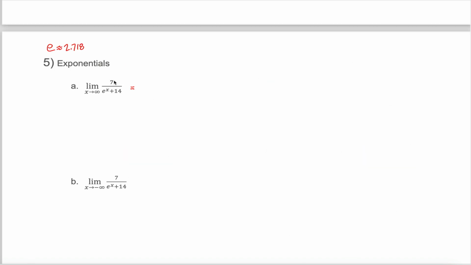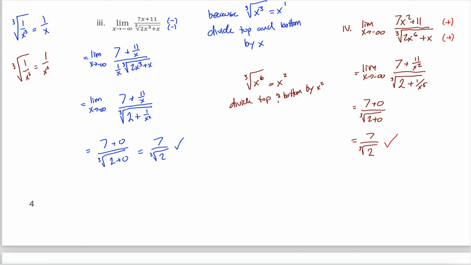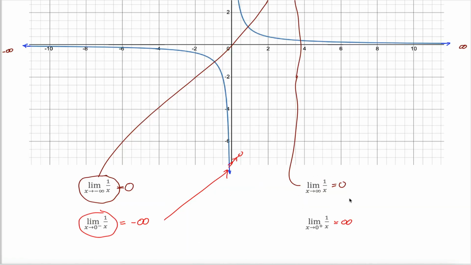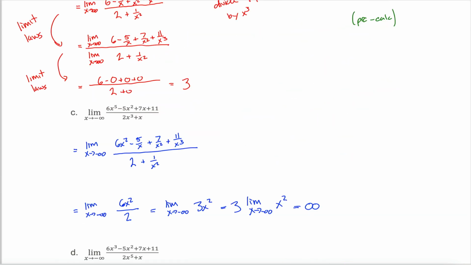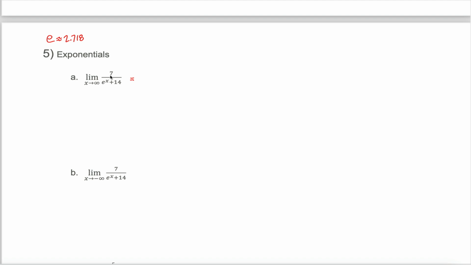So I have the quotient of something that stays constant at 7 and something that gets infinitely large. What I'm describing is a case that we've seen before. It's a lot like the limit as x approaches infinity of 1 over x. The top is a constant, the bottom is getting arbitrarily large, and we already know that the limit as x approaches infinity of 1 over x equals 0, and by that same logic, the limit as x approaches infinity of 7 divided by e to the x plus 14 is going to end up being equal to 0.